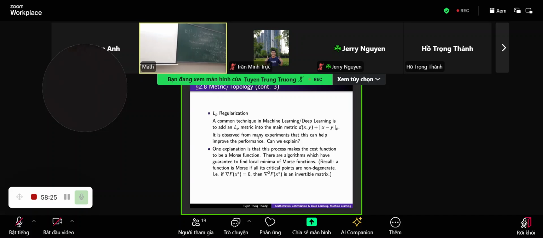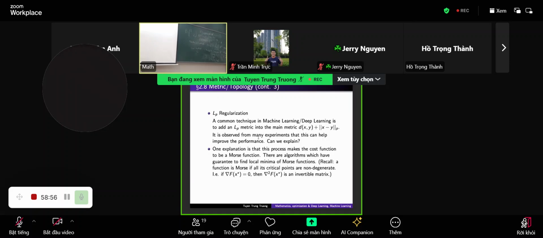You can prove that backtracking gradient descent, if you apply it to a Morse function, then it either converges to a local minimum, or it goes to infinity.